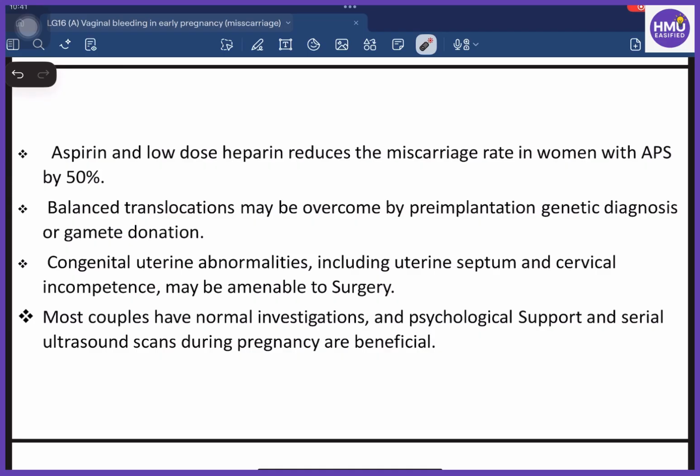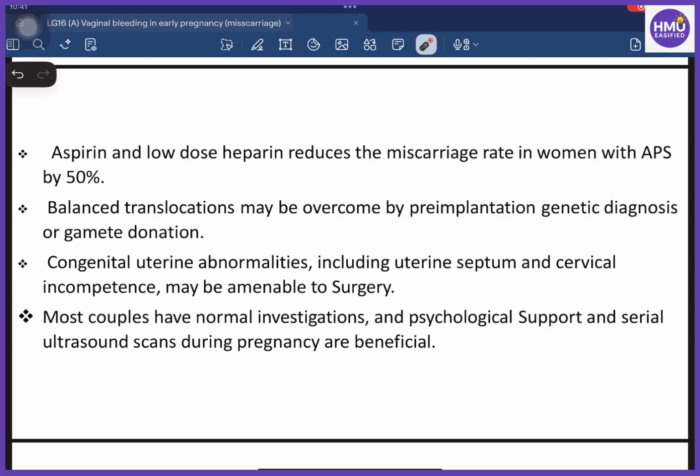Congenital uterine abnormalities like uterine septum and cervical incompetence, consider surgery. Most couples have normal investigations, and psychological support and serial ultrasound scans during pregnancy are beneficial.